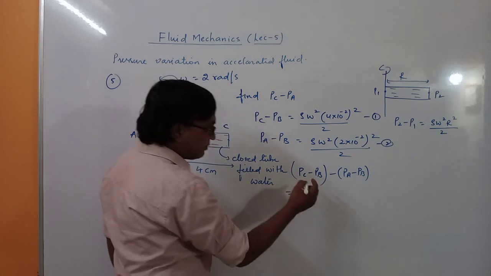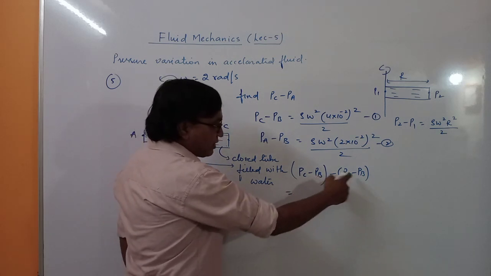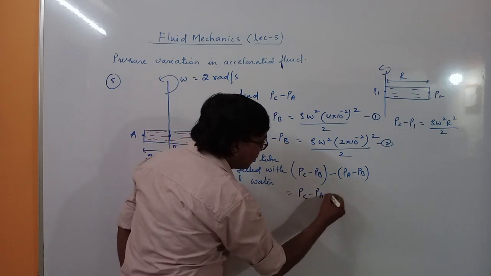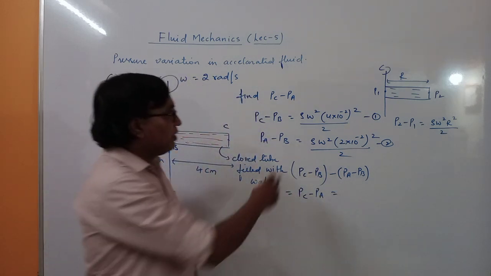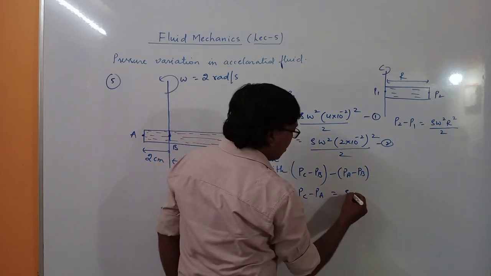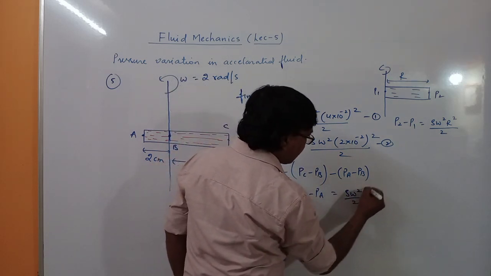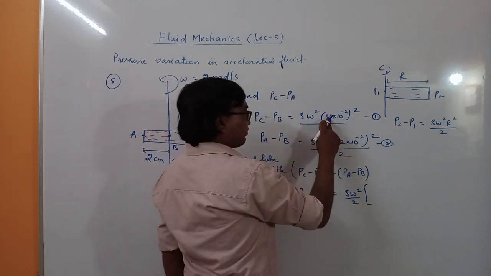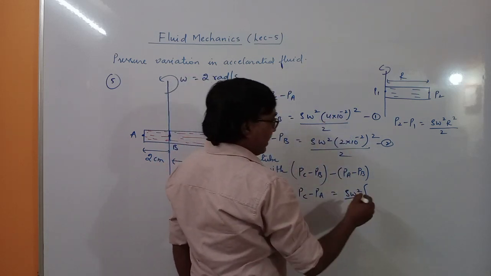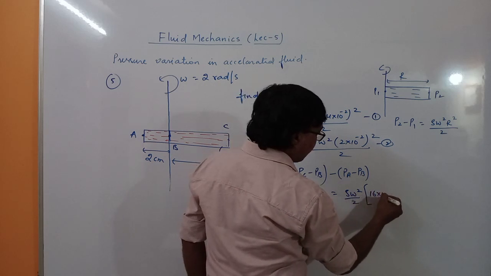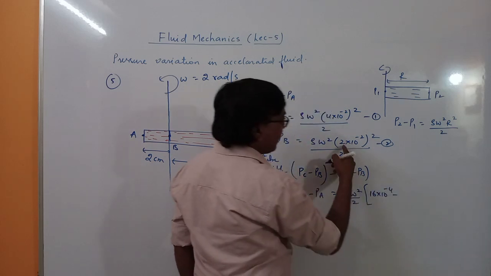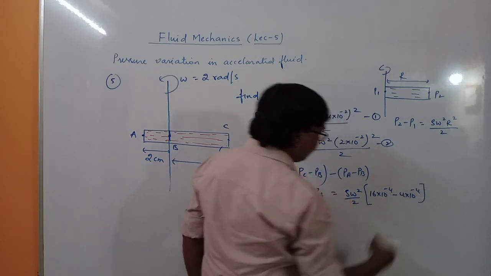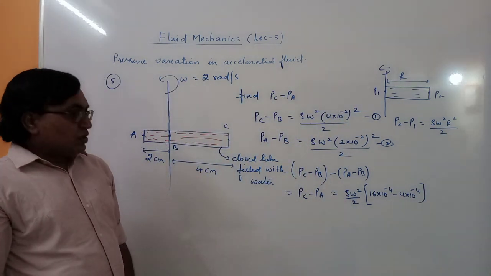So you will be left with minus of minus plus. So PC minus PA should be equal to, since rho omega square by 2 is common, 16 into 10 raised to minus 4 minus 4 into 10 raised to minus 4. So calculate.